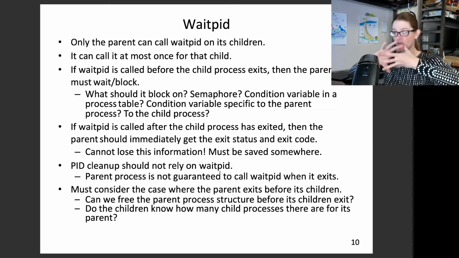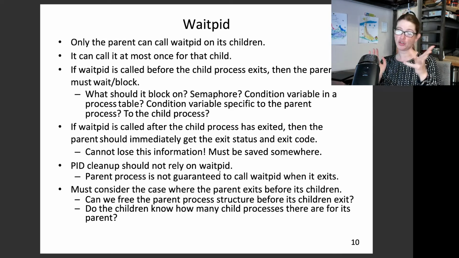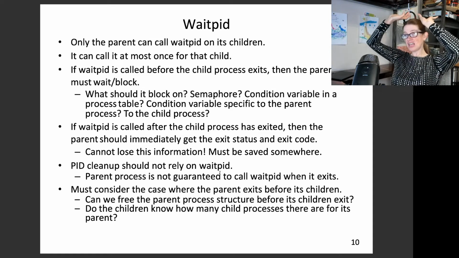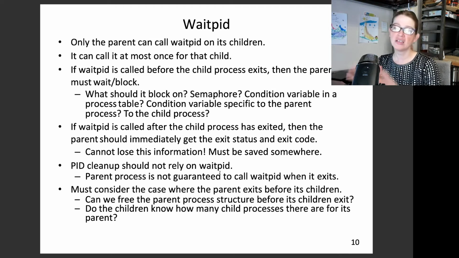You are going to process them using a macro I'll show you in a minute, and fully delete everything that belonged to that child, because if you've conducted the autopsy once, we don't need to conduct the autopsy again. That's just creepy and weird. So you can only call wait PID on a process once. So we're going to get its exit code and exit status, return that from wait PID while we are fully deleting the rest of that zombie child.